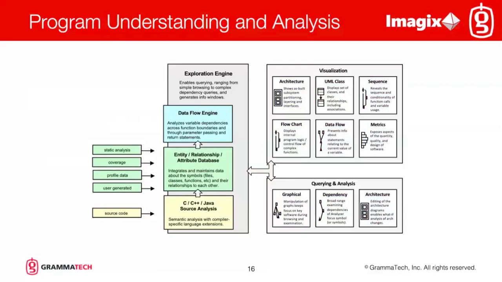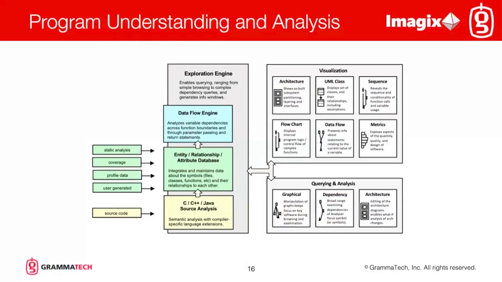So underneath the visualization and the querying and the analysis is what we're calling our exploration engine. A couple of points I want to make here. The exploration engine ties this together, but what's critical is what comes into that exploration engine. At the bottom in the yellow area is the source code analysis itself.